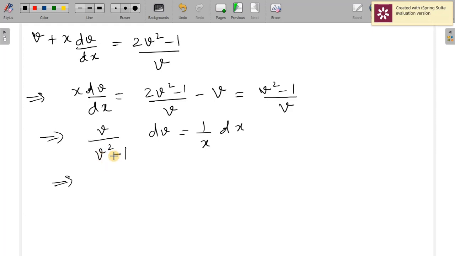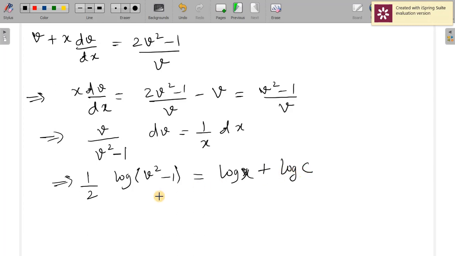The derivative of v² − 1 is 2v, so I need to balance this v by 2 by dividing, giving half into log of (v² − 1) is equal to log of x plus, since everything is in terms of log, I will write the constant of integration as log of c.